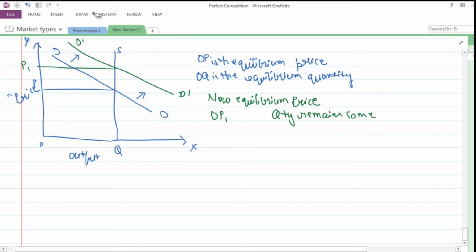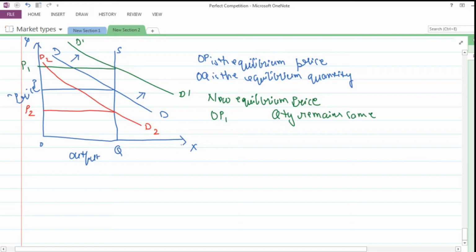On the other hand, if the reverse scenario happens and the demand falls down, okay, demand decreases to D2, and the current demand curve is at D2, then the new equilibrium price is established at P2.